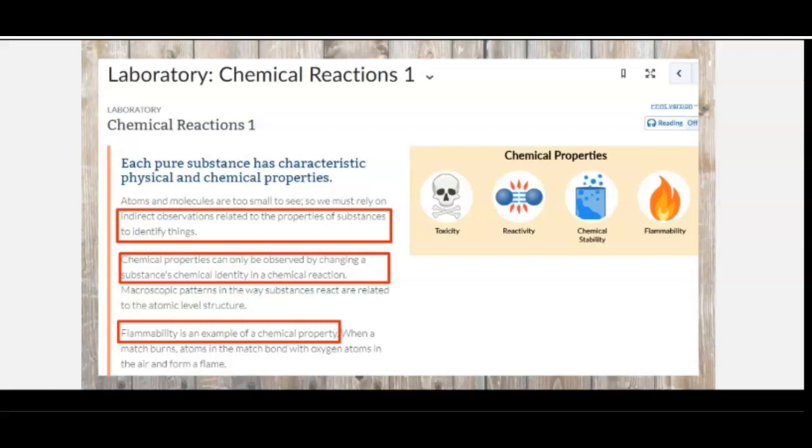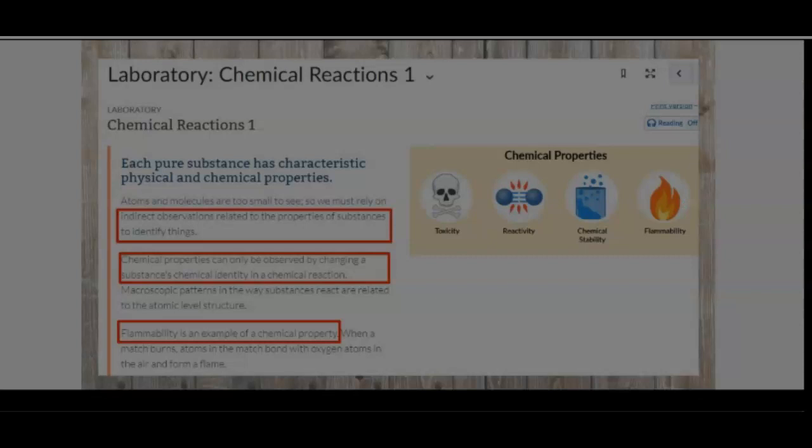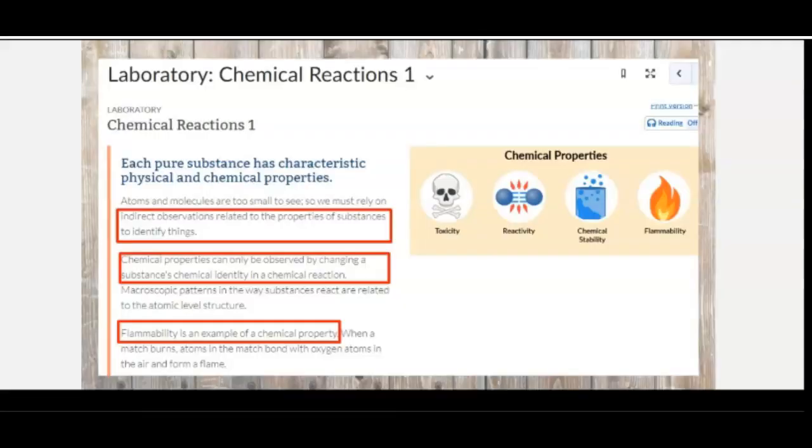Chemical properties can only be observed by changing a substance's chemical identity in a chemical reaction. So we've got to make something happen so that we are able to identify what's going on in our experiment. And flammability is one of the chemical properties that we've discussed.